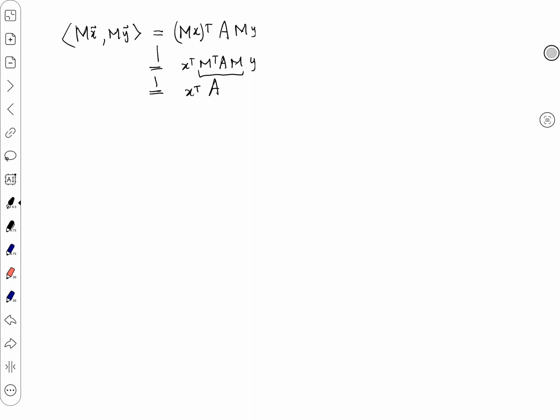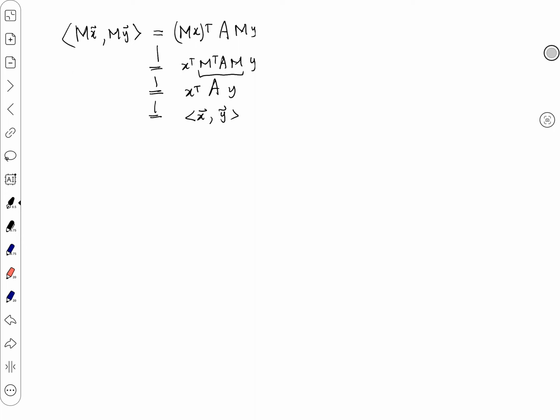By definition, this would be (Mx) transpose A My. So this equals x transpose M transpose A M y, and so this is x transpose, and then there comes this term. We require this to be A, so again this is the inner product of x and y.